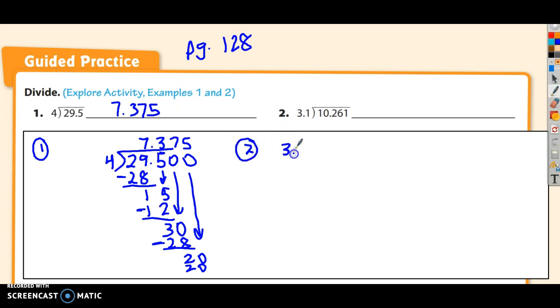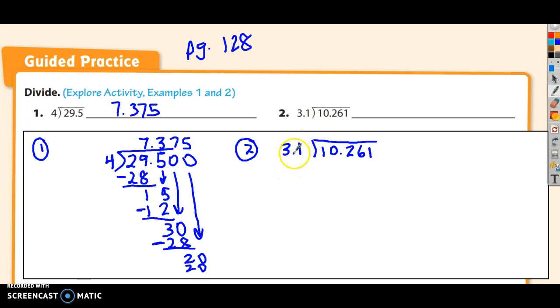Number 2, the divisor, 3.1, is a decimal. So there's something different about this one than from number 1. And the key is this. Since we have a decimal right there, we have to multiply by a power of 10. That's the same thing as moving the decimal to the right until it becomes a whole number.